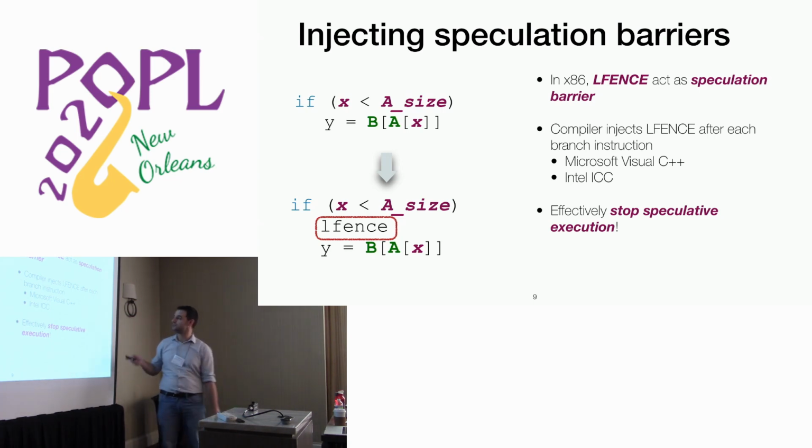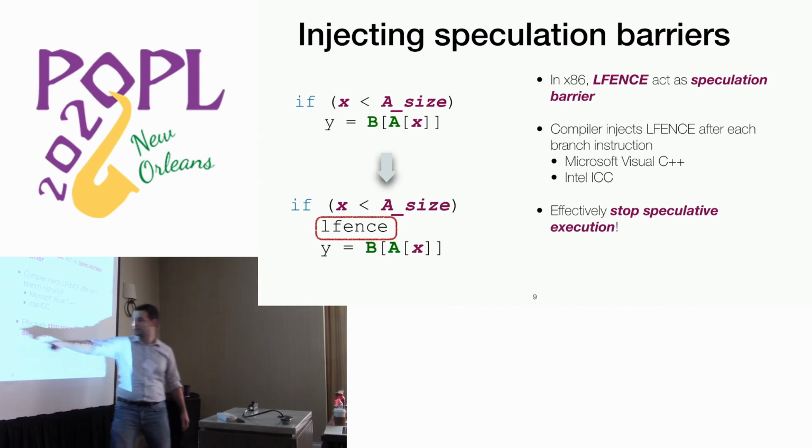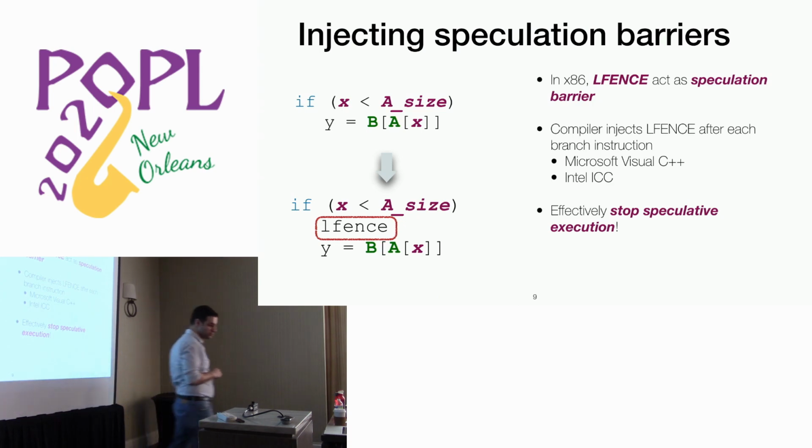And some compilers inject lfences pretty aggressively after each branch instruction. For instance, the vulnerable program would be rewritten like this, right? And here the fence stops speculative execution. And well, if you put fences everywhere, it kind of works.